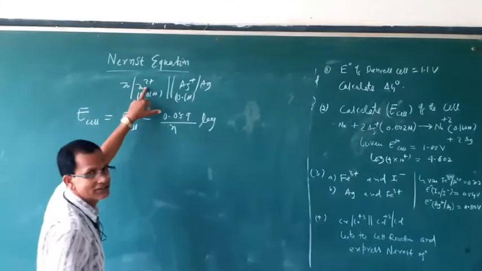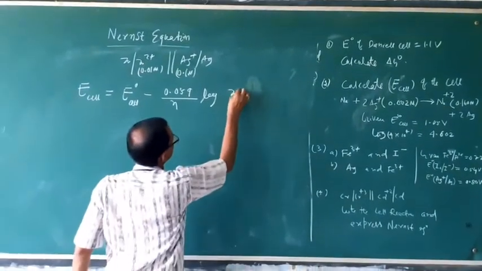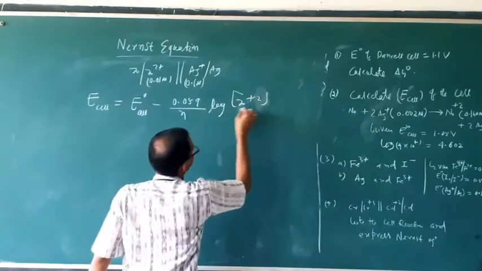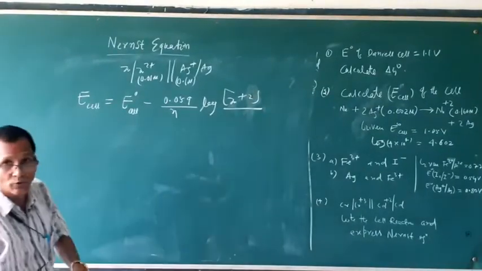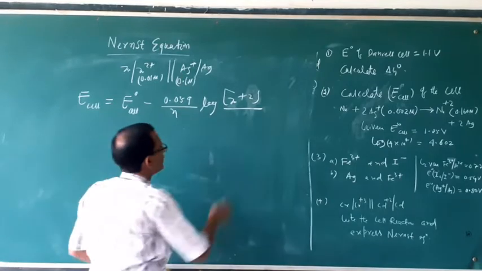Here zinc is oxidized, so zinc ion will be at the numerator. This is the technique. Then which ion is reduced? Ag plus ion is reduced.